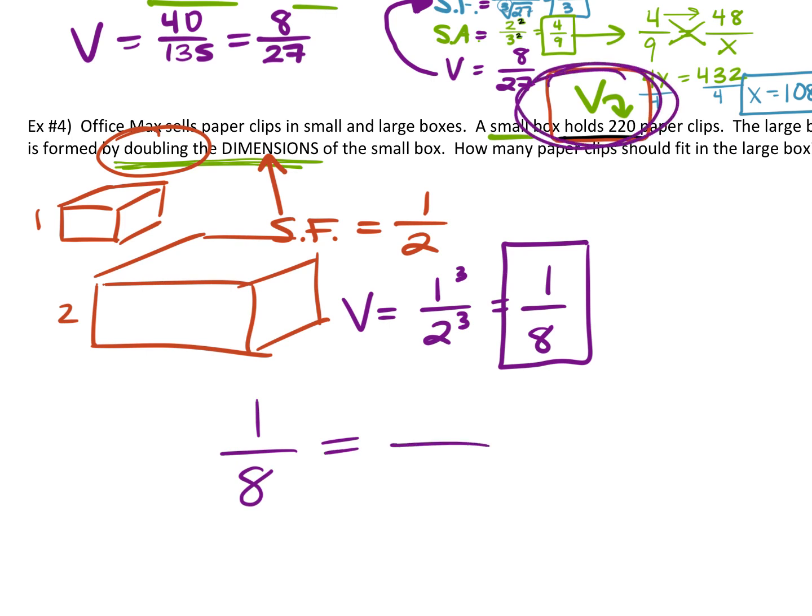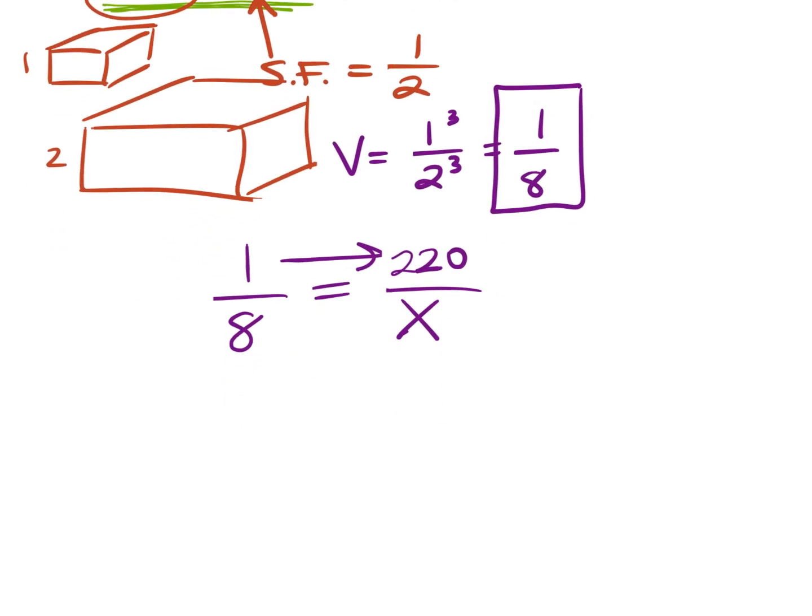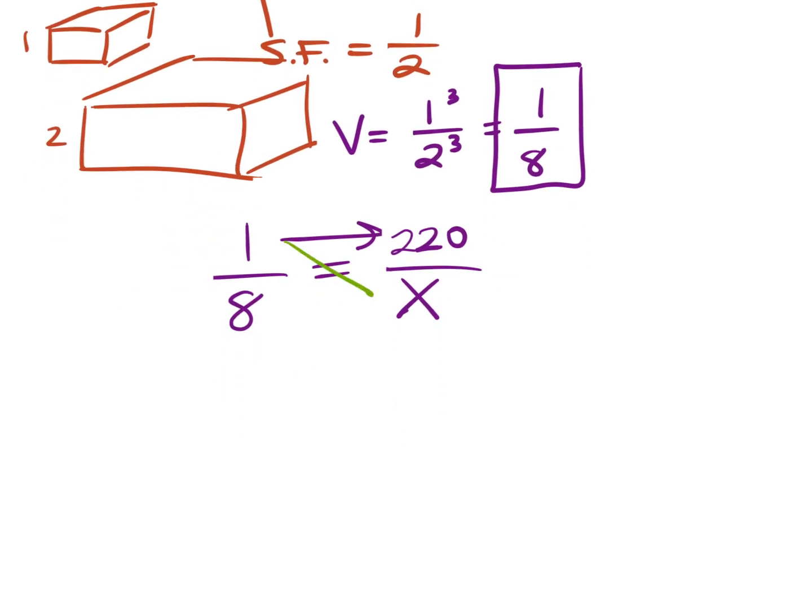Where does the 220 go? On the top. It's your smaller, right? So it needs to be across from the smaller of the two. And this is your unknown. Now you cross multiply. So 1 times x is x. 8 times 220 is 1,760. What? Paper clips.